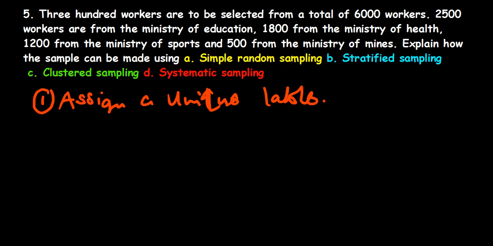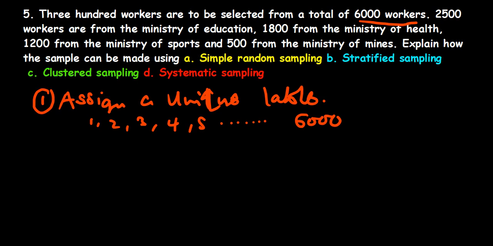For example, here we have 6,000 workers, so we are going to assign a unique label to all these 6,000 workers. We can say the labels are numbers: 1, 2, 3, 4, 5, and we go on just like that until we reach 6,000. So we have assigned all those workers different numbers from 1 to 6,000.